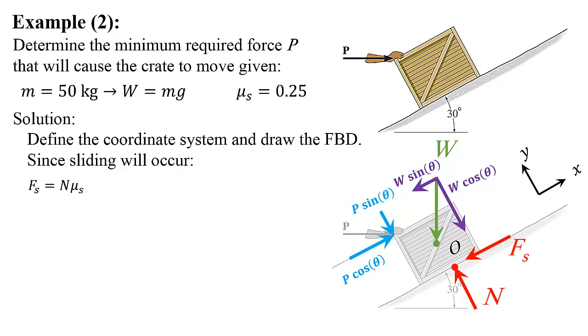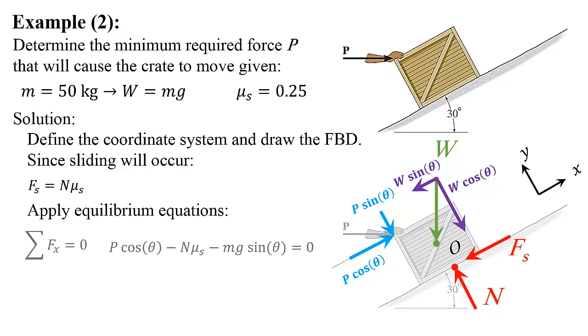So whenever you see an Fs in the formulation, it has to be replaced by N mu s. Applying the equilibrium equations, I get summation of the forces in x equals P cosine theta minus N mu s, which is Fs, minus mg sine theta, mg being W, equals 0.